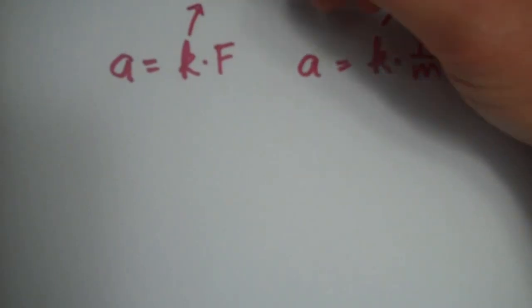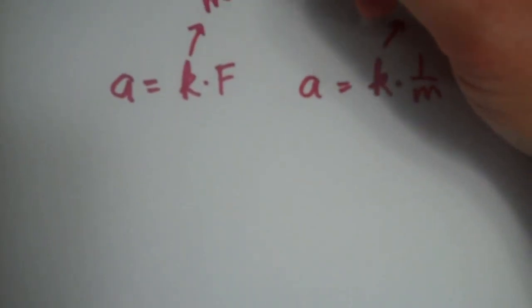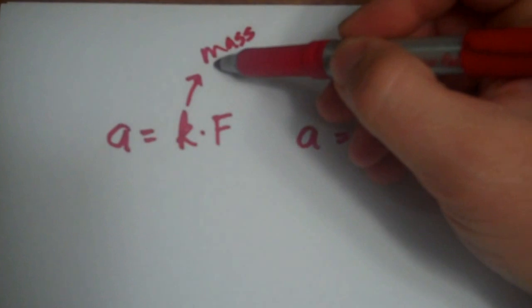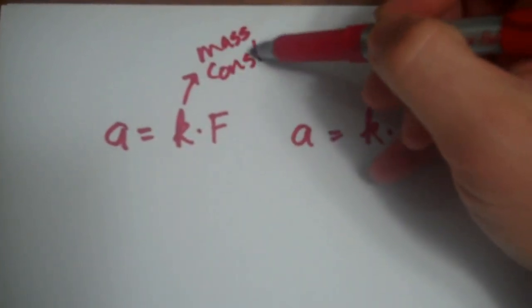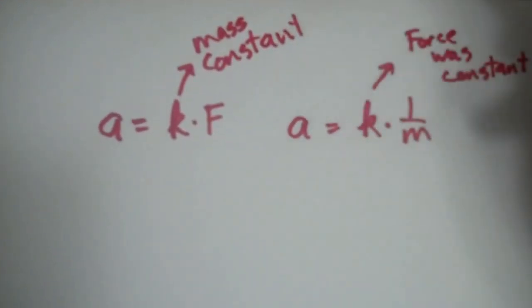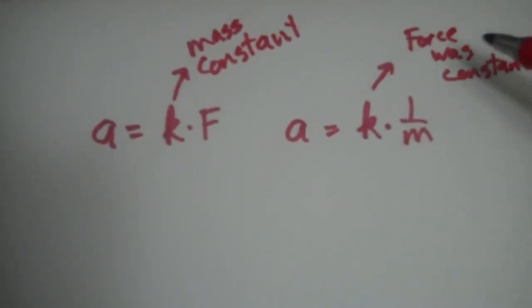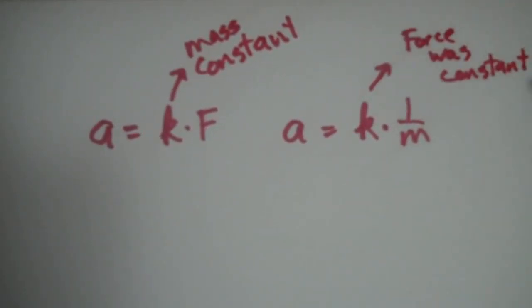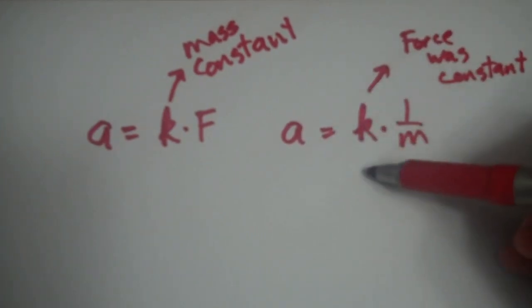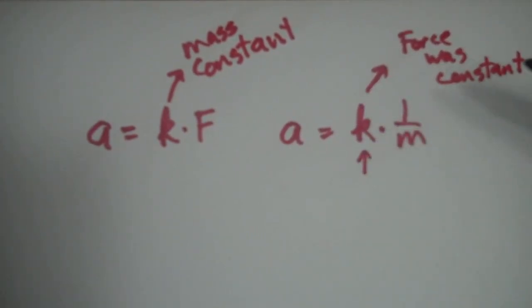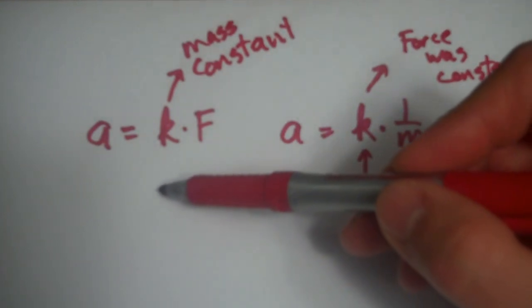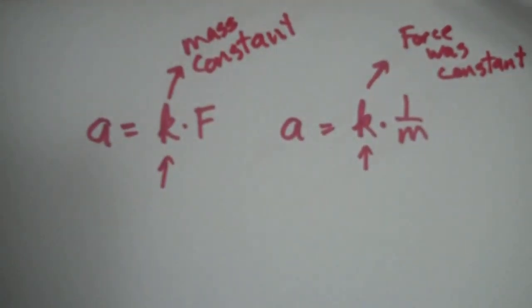And in the other one, this one here, this was the one where we kept the mass constant. And so, if you look, we were seeing on the boards that this number corresponded to the force that we used, and this number corresponded to 1 over the mass.